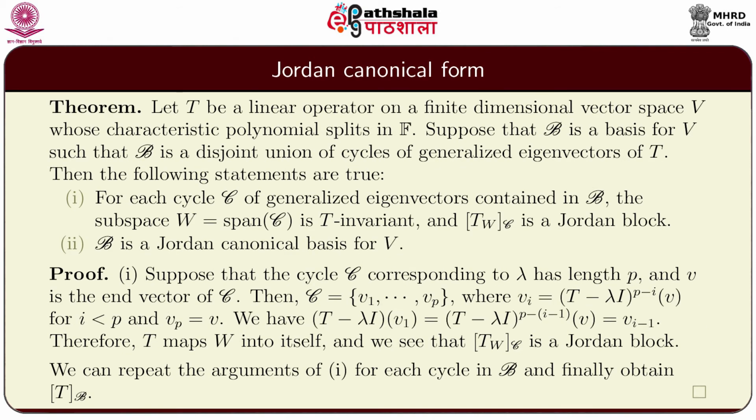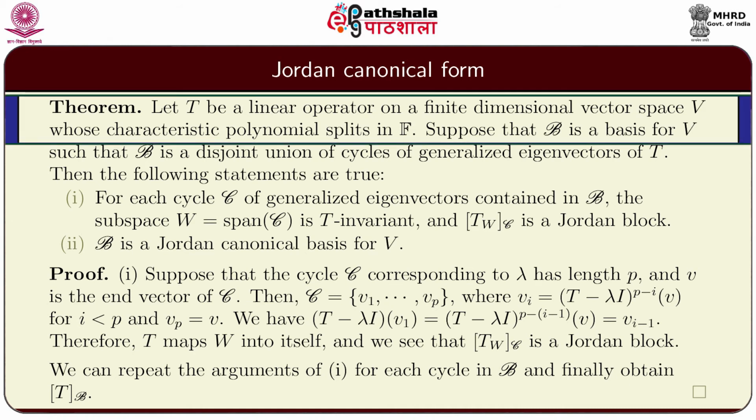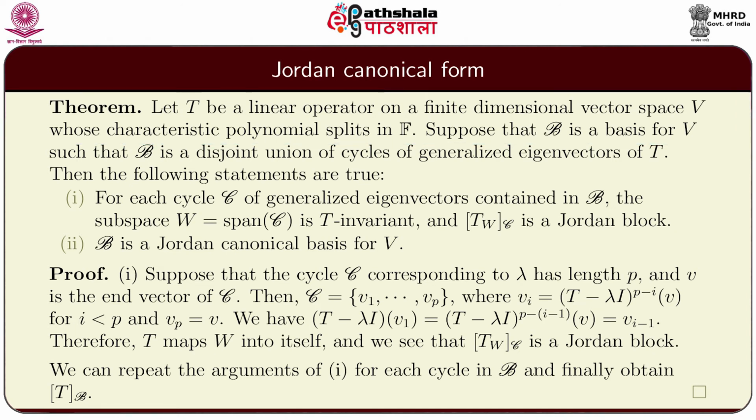Theorem: let T be a linear operator on a finite dimensional vector space V whose characteristic polynomial splits in F. Suppose that B is a basis for V such that B is a disjoint union of cycles of generalized eigenvectors of T. Then the following statements are true. 1.